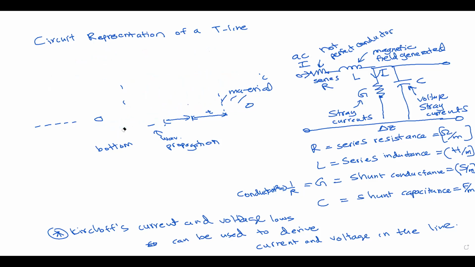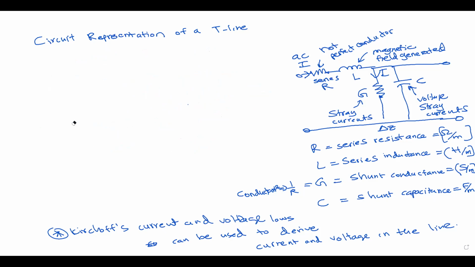Through the calculations, it is seen that the voltage and currents are transmitted through this transmission line as a wave. That means the amplitude of the voltage is changing as a wave amplitude, and the amplitude of the current is also changing as a wave. So both current and voltage behave as a wave inside the transmission line.